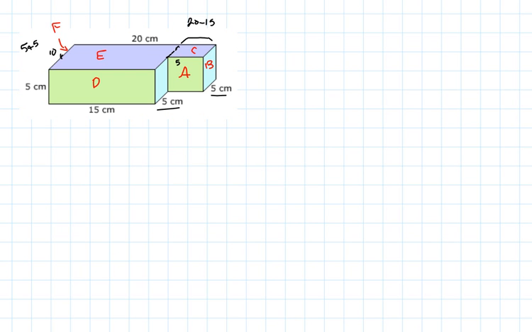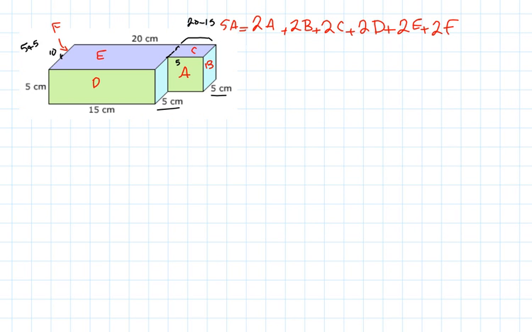The surface area is the area for 2 A's plus 2 B's plus 2 C's, because we have 2D, 2E, and 2F. We need to find the areas of those faces.